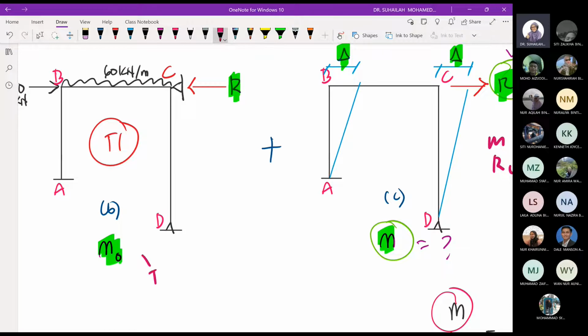This is table number 1. So the R value we can get when we do static equilibrium analysis; we can get R from the M naught value.